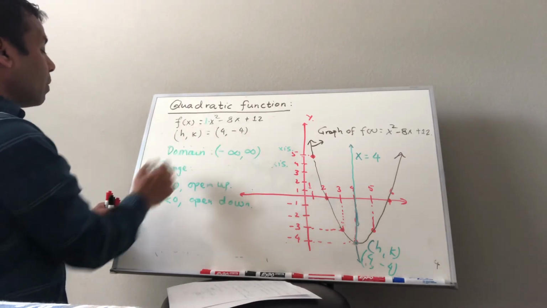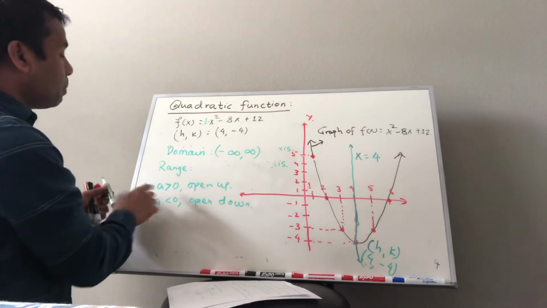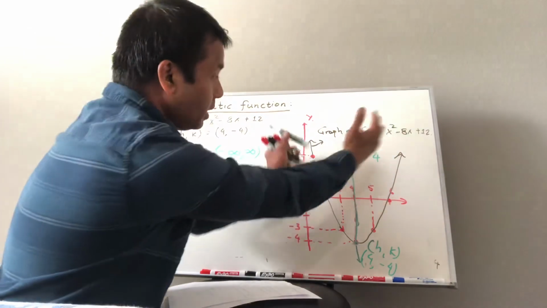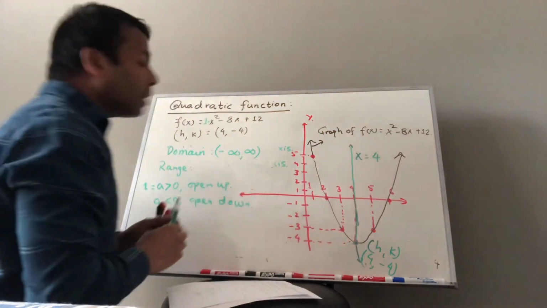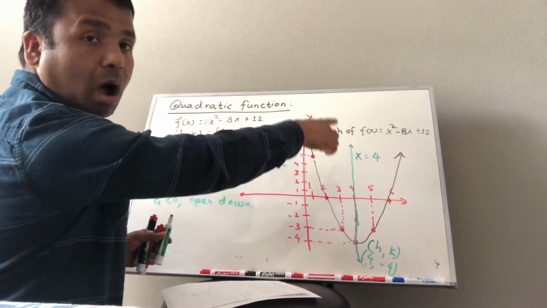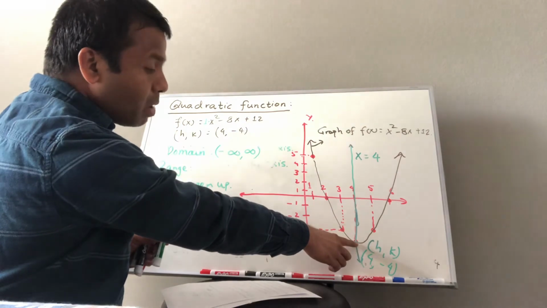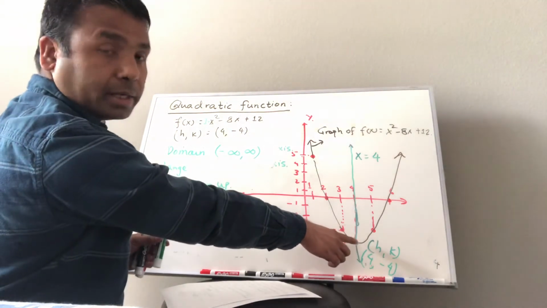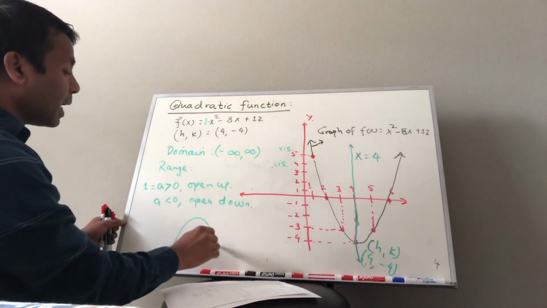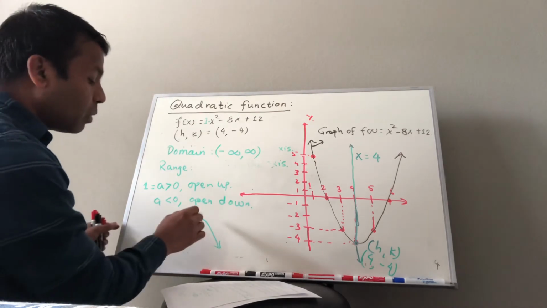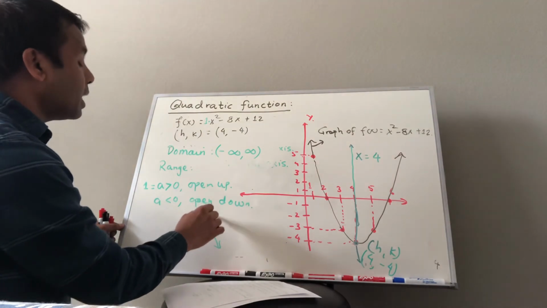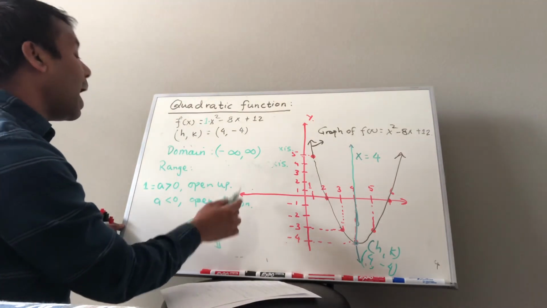Here the value of a is 1, which is positive, so the parabola opens up. If the parabola opens up, the vertex is the lowest point. If the parabola opens down, this point will be the highest, maximum value.